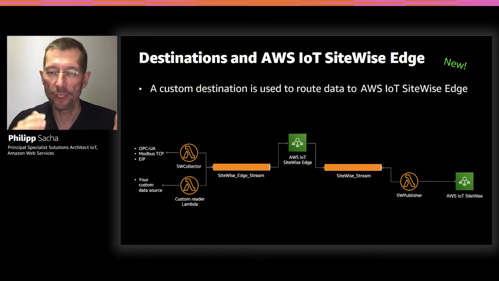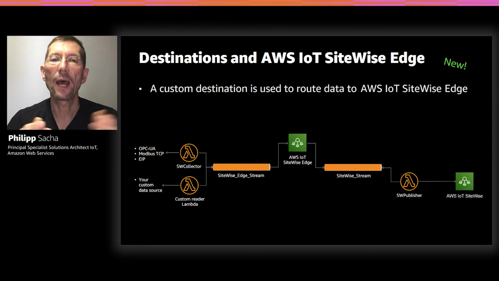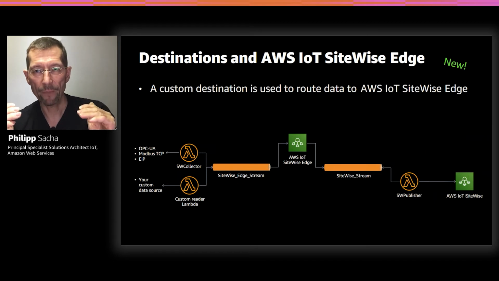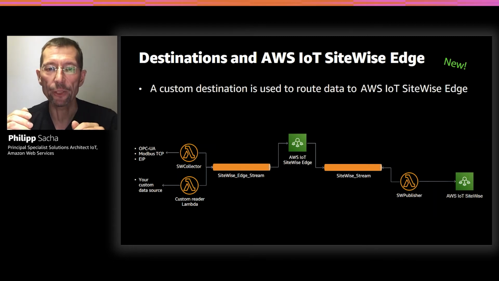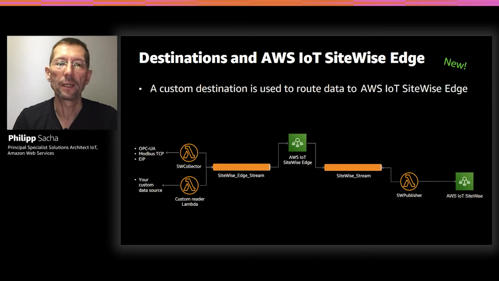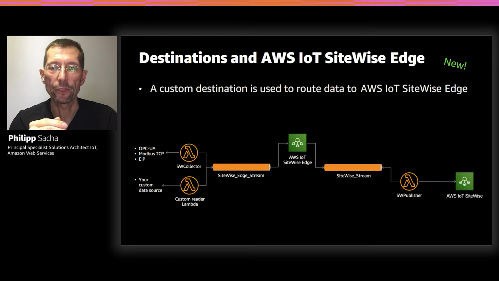So you still use the collector Lambda function from the AWS IoT SiteWise connector. And this Lambda function then writes into a stream that is called SiteWise Edge stream. You can also bring, again, your custom Lambda function to write into that stream.